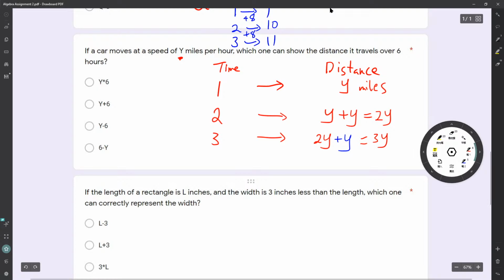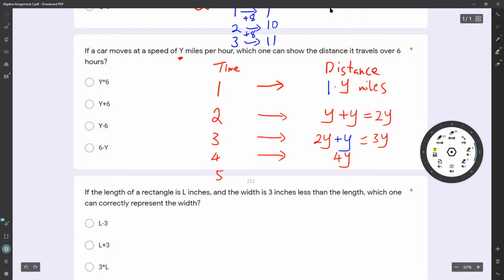I think you can see what's happening here. For each hour, there will be y miles. So 1 hour, we can write this as 1 times y. 1 hour, y miles. 2 hours, 2y miles. 3 hours, 3y miles. And I think it's safe to say, 4 hours, we are going to have 4y miles, because 3y plus 1 additional y miles is 4y miles.